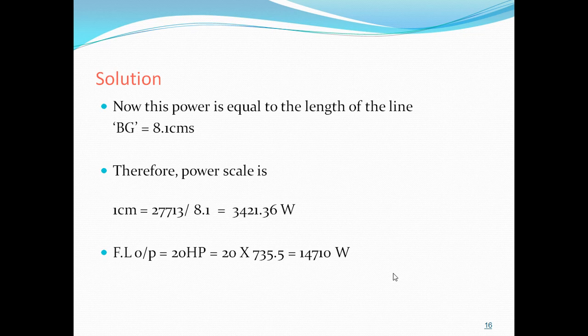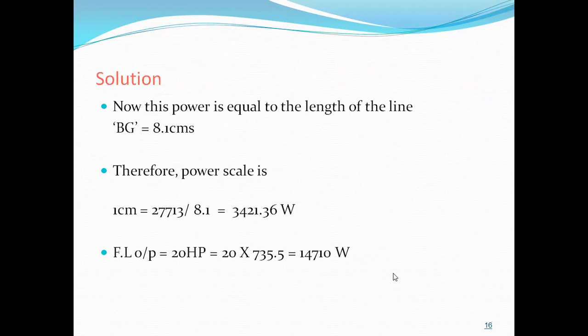So full load output is equal to how much? 20 HP. So that is equal to 20 into 735.5, that is 14,710 watts. Note down this full load output given. So here what we have done, we calculated the power scale.